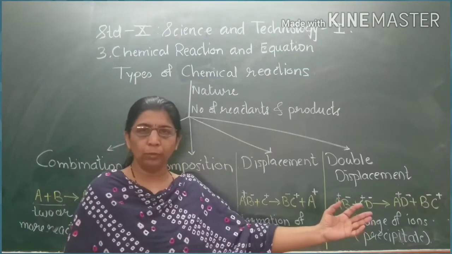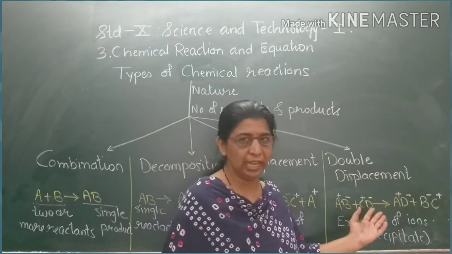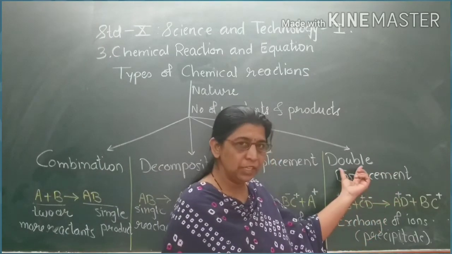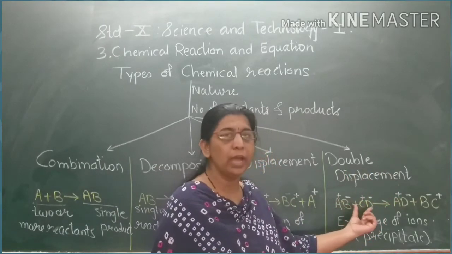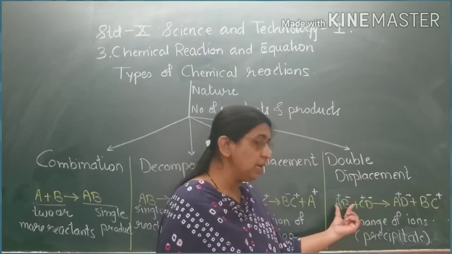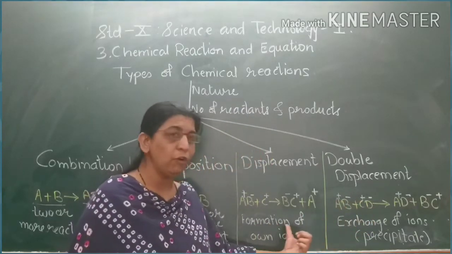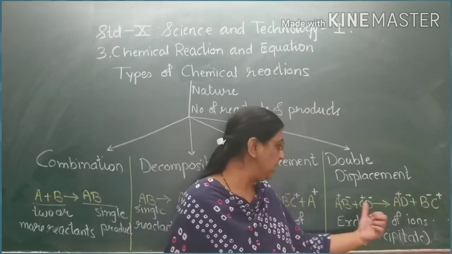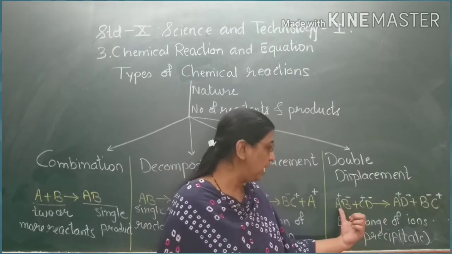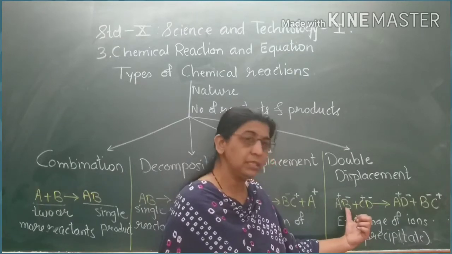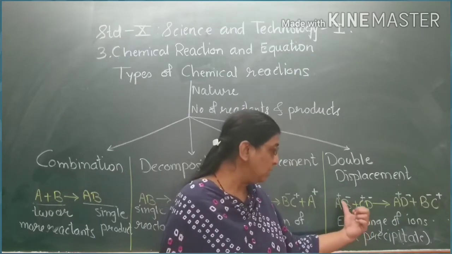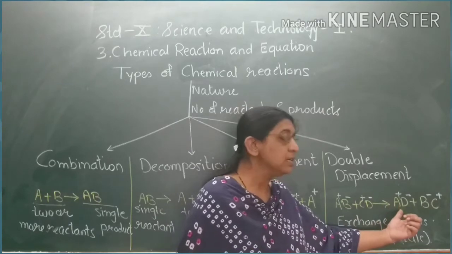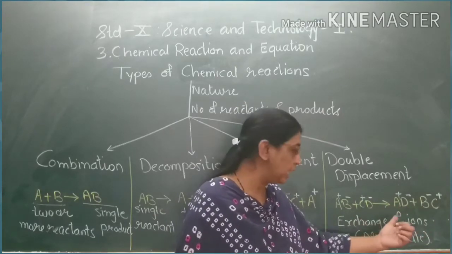Let us come to the fourth part, double displacement reaction. As the word double is mentioned here, two cations and two anions are present. Here, instead of only formation of their own ion, an exchange of ions occurs. AB and CD, A plus and B minus, together they get ionized and they exchange their ions.